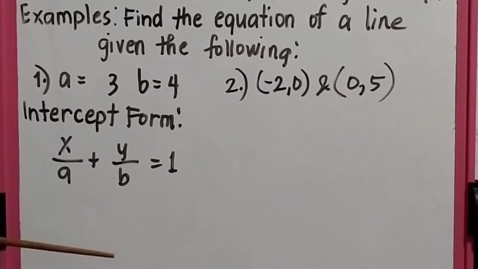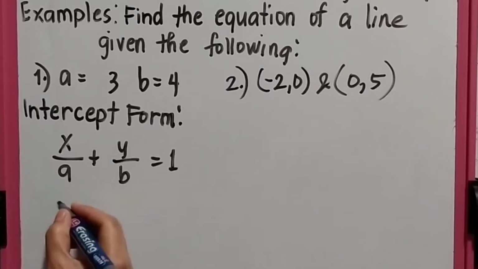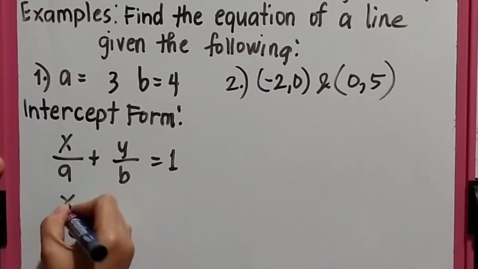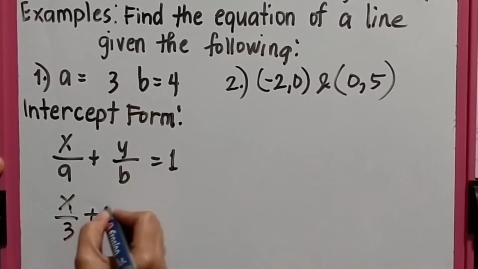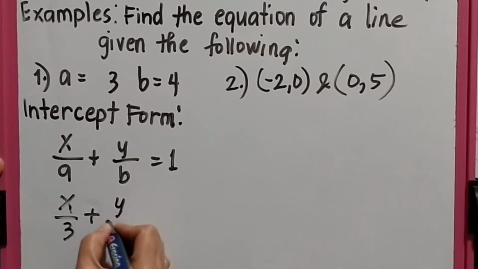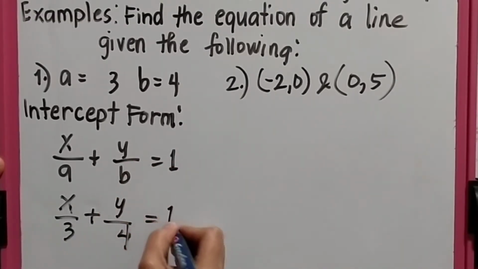So, ang gagawin lang ulit, you will substitute the value of a and the value of b to the intercept form of a line. So, gawin natin yon. We have here x over a, which is 3, plus y over b, which is 4, equals 1.